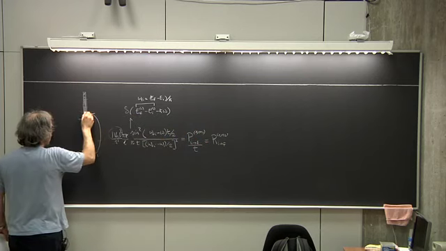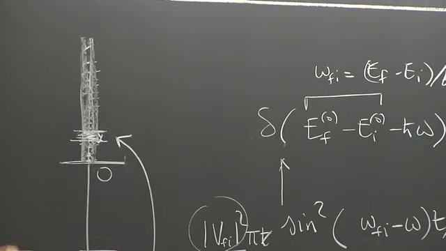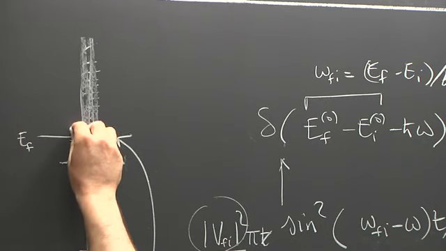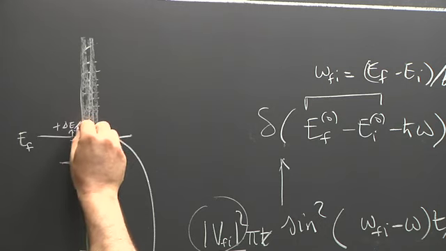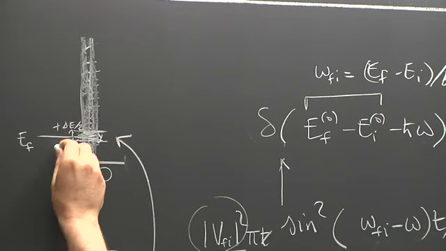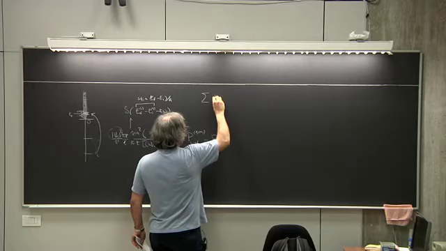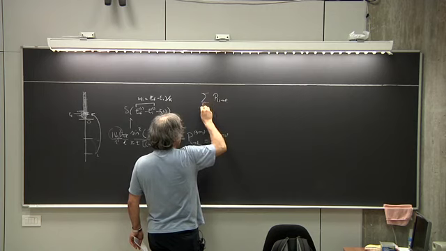Suppose that I have a certain range of final states that I want to calculate my rate to, okay? So I have a certain final energy, EF, and I allow myself a certain plus or minus delta E over 2 of width. So I want to sum the rates for going to the final states, over all F such that EF is in the window.